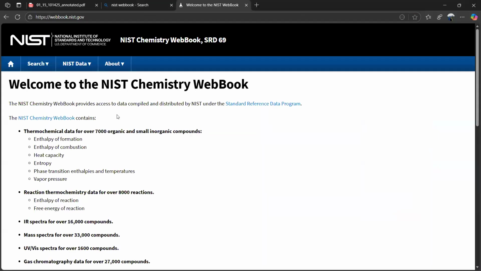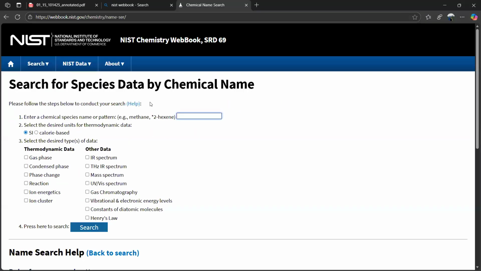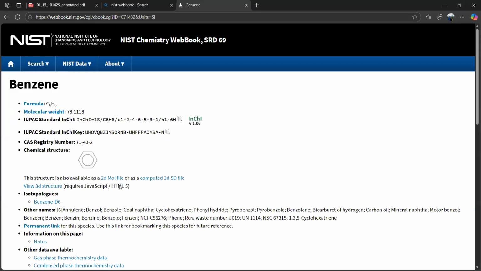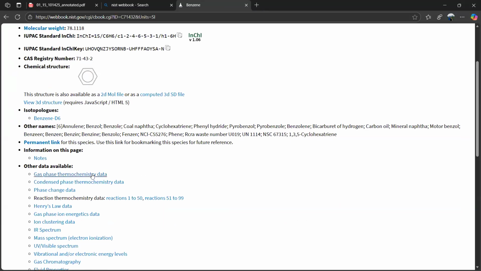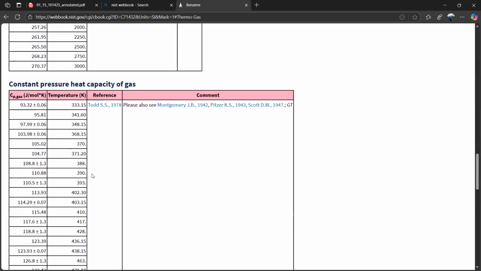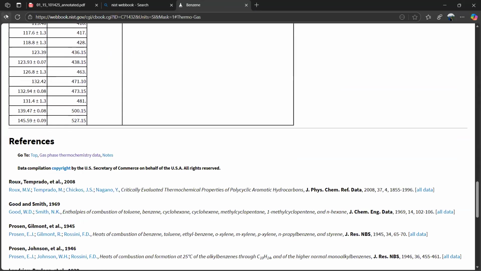And so what we need to look up are equations for the heat capacities of our three materials. So let's start with benzene, and then we'll look at the other two. So we need gas phase thermochemistry because we're making gas phase benzene in this reaction. Oh, wait, hold on a second.